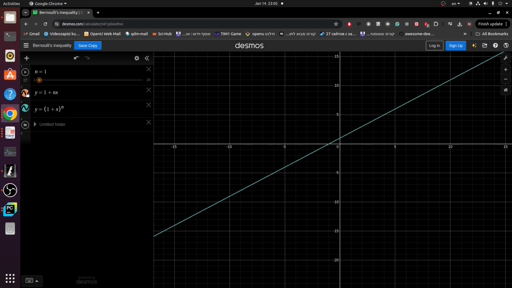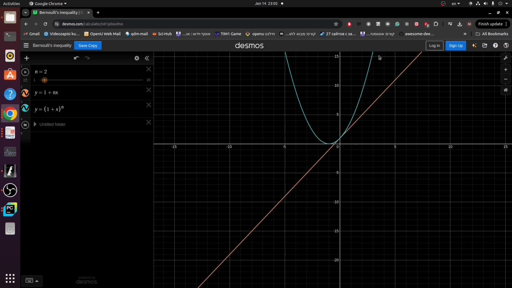So when I plot those two curves, they coincide, and we get this straight line. But it's interesting when we increase the exponent n to 2, for example: this line is actually tangent to this parabola, and this parabola is bigger than this straight line everywhere.